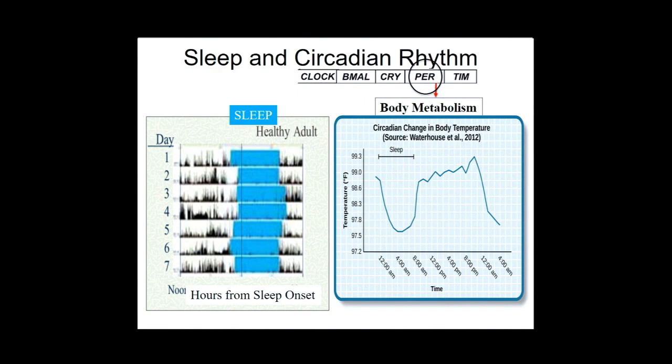So let's get into sleep and circadian rhythm. On the side here to your left is 7 days of a person in which they have activity profiles, which are those black spikes, and inactivity profiles, which are in blue. And this is when there's immobility, there's really a poor responsivity to external stimuli.